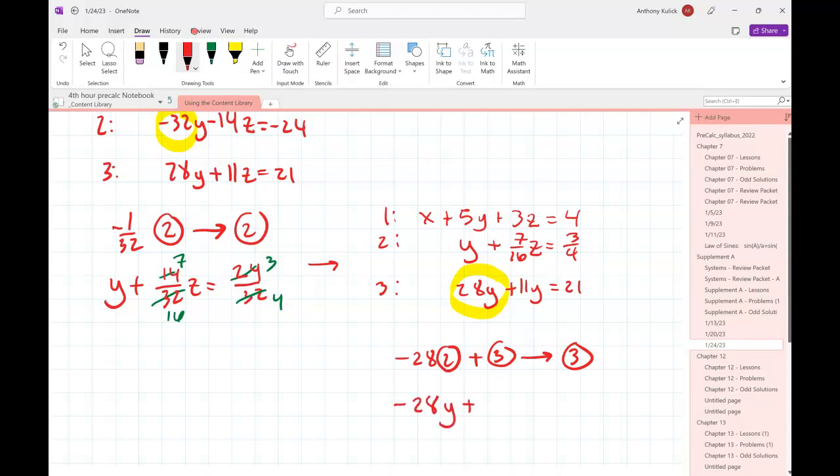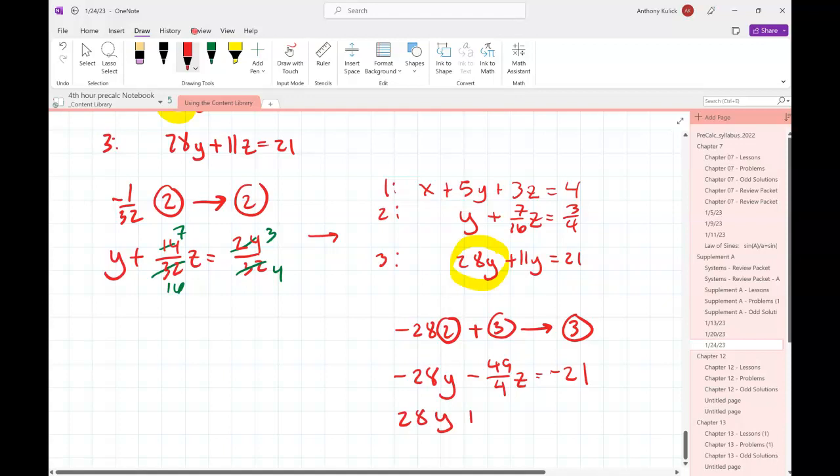I'm going to reduce as I multiply. So negative 28 times 7 over 16, well, I guess that's going to be a negative number. 49 over 4. And then negative 21.